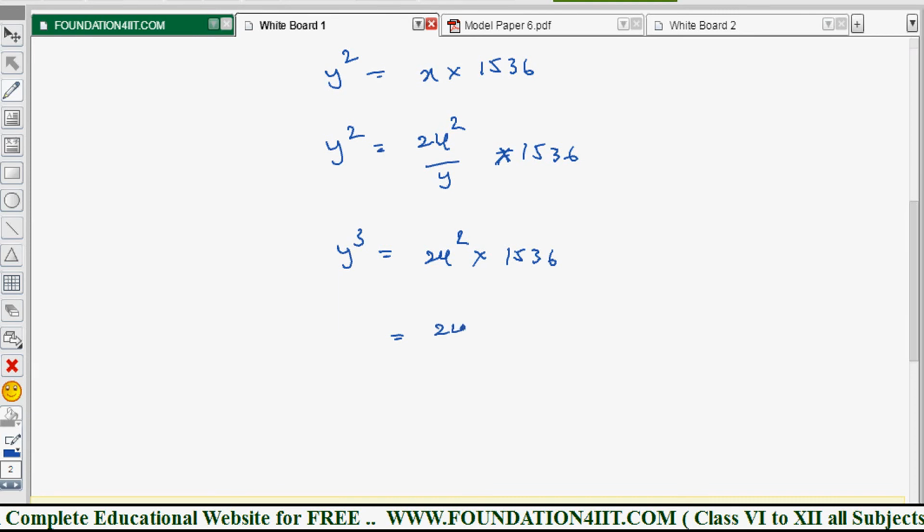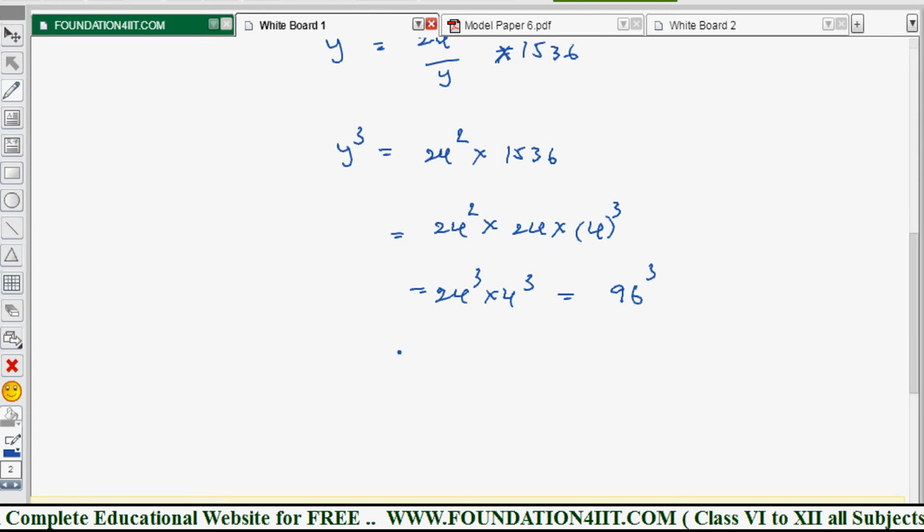So 24 square into 1536 is 24 into 4 cube into 64, 24s, that's why 24 cube into 4 cube, 24 into 4, that is 96 whole power 3. So based on this, y is equals to 96.